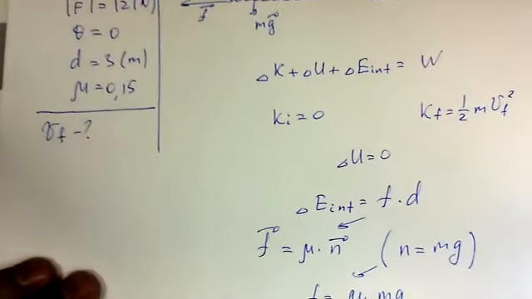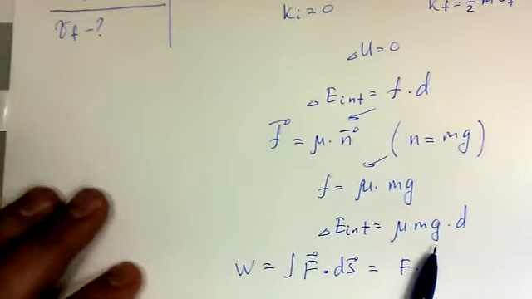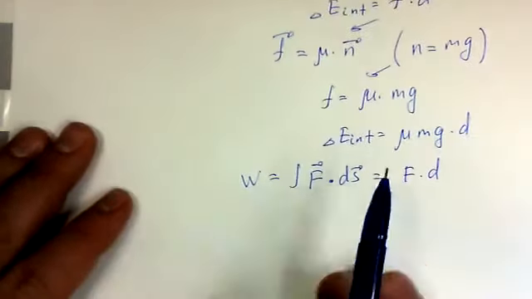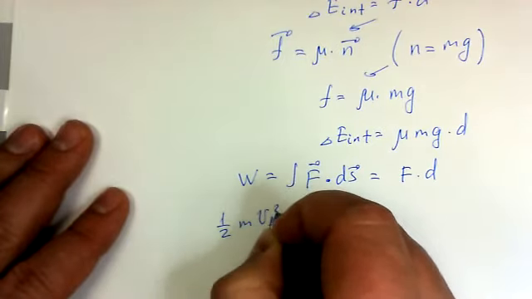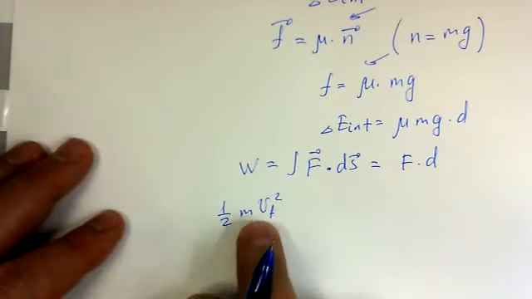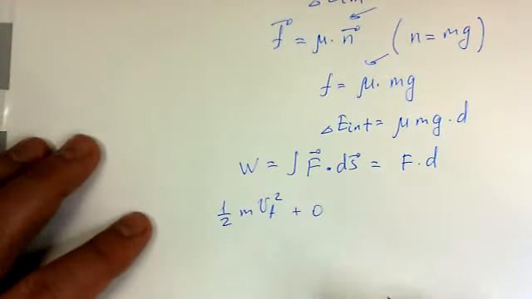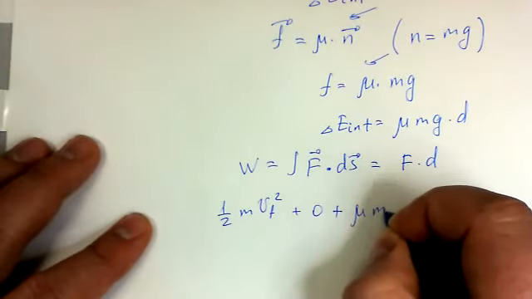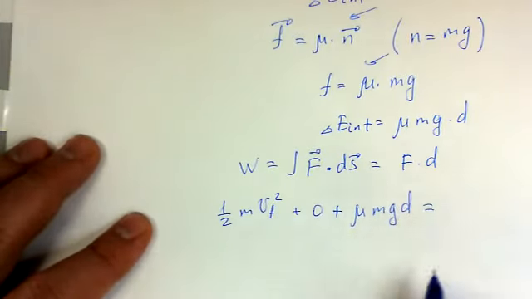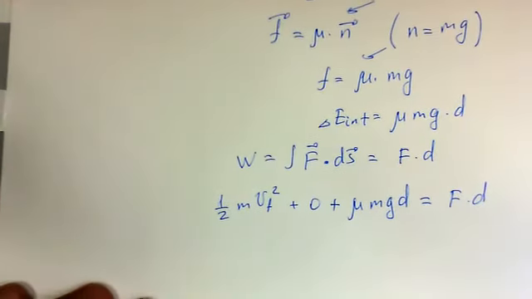Now let's combine these energy parts and this work. So the change of kinetic energy is 1/2 m v final squared, which is K final minus K initial. K initial is 0. Plus the change of potential energy, which is 0 in this particular case, plus the change of the internal energy, which is mu mg d, equals the work done by the external agent, F d.